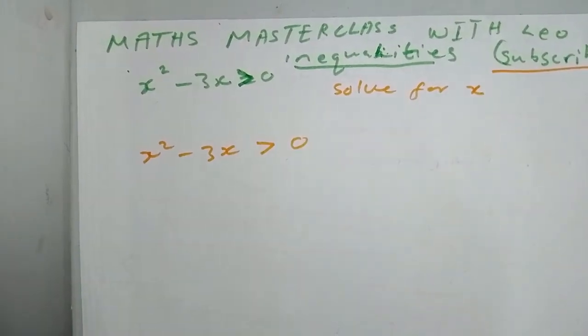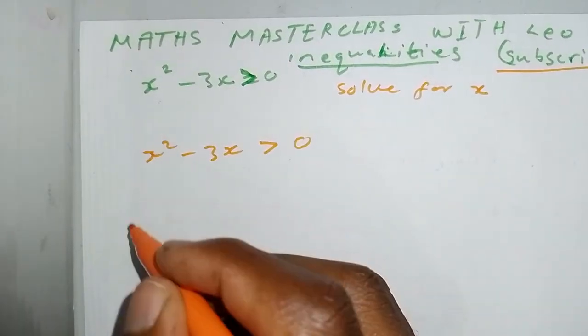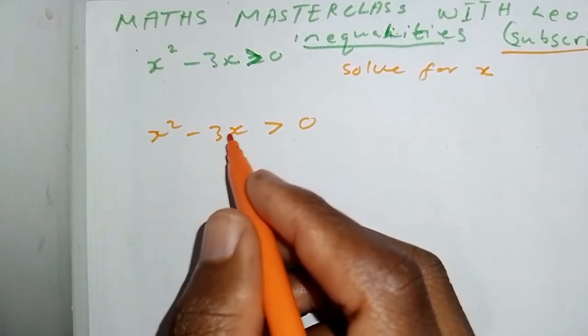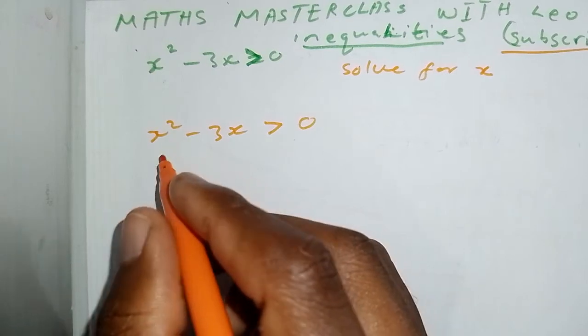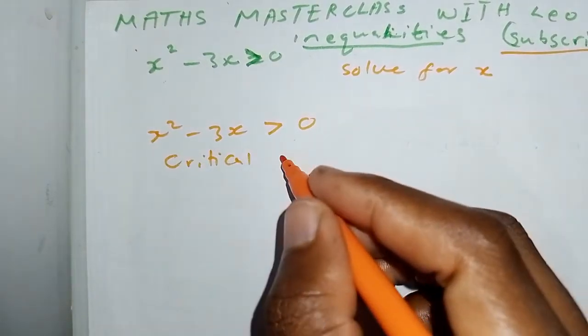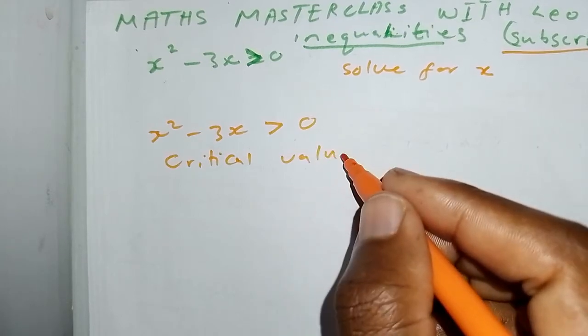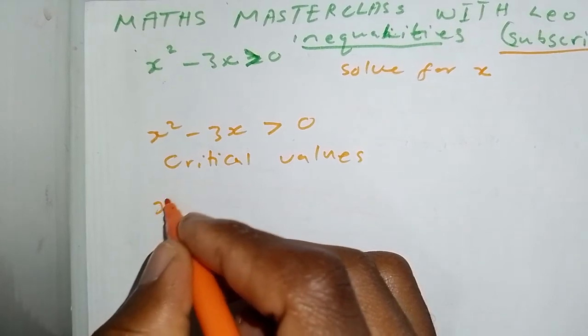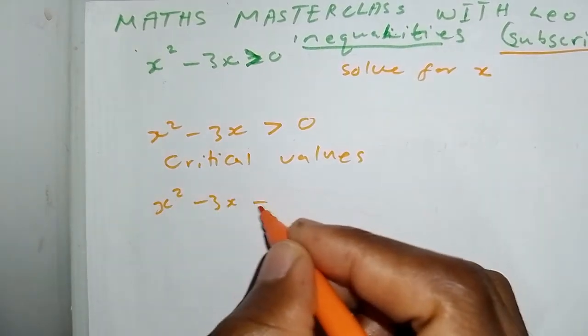Inequalities. Okay. What can I do here? Simple thing that I can do is just take the common factor, or say from the get-go critical values. You can just write it as CV, critical values. What are my critical values? I'm going to have x squared minus 3x equals to 0.